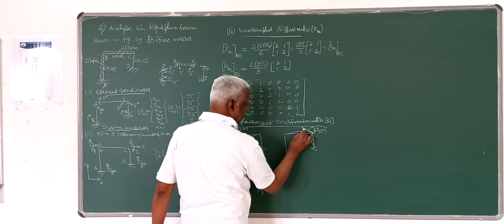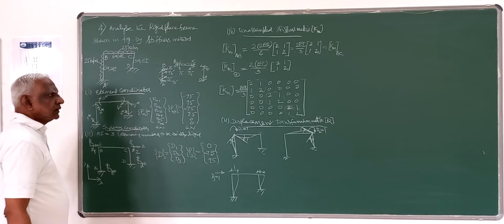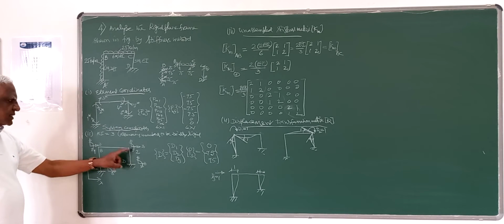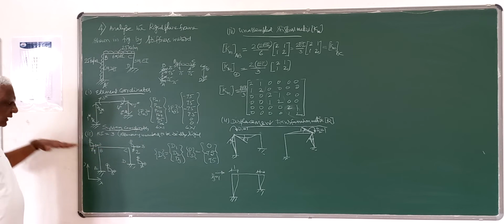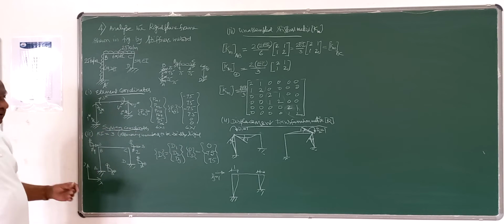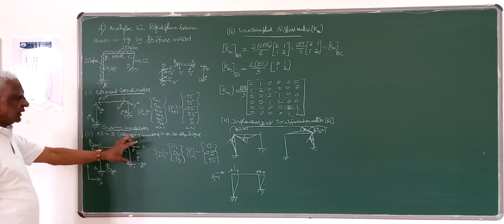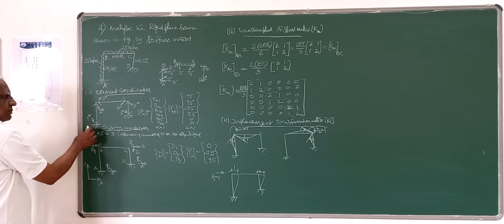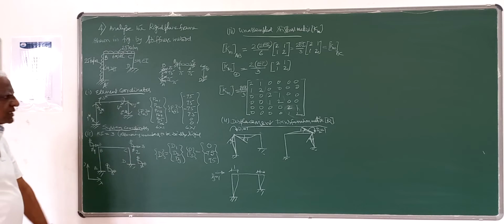So corresponding to each of these system coordinates, that is 1, 2, then 3, corresponding to these unit displacements I have given, after giving the unit displacement successively, due to that displacement I have to find out the element coordinate displacement.